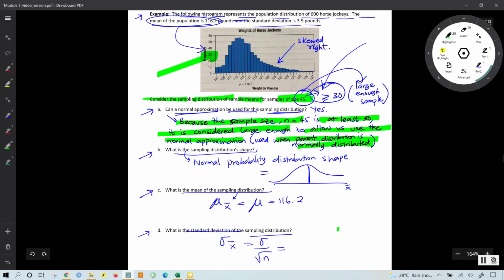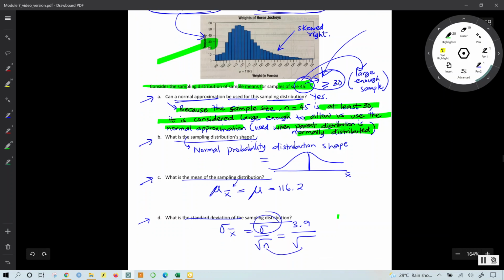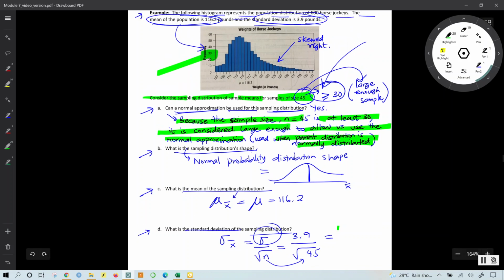The population standard deviation was 3.9 pounds. So 3.9 divided by the square root of n. So we're essentially still doing what we did earlier. The only extra condition is that the sample size must be at least 30 if the parent population is not normal.